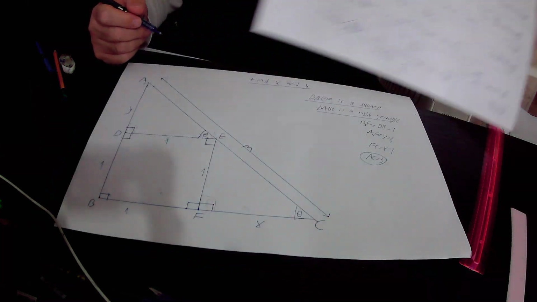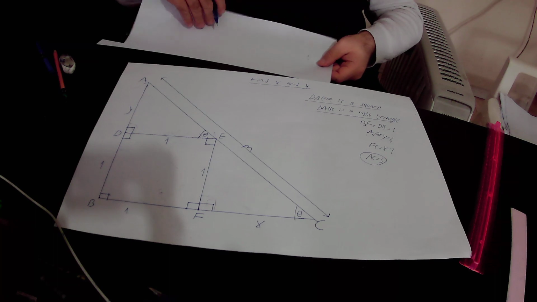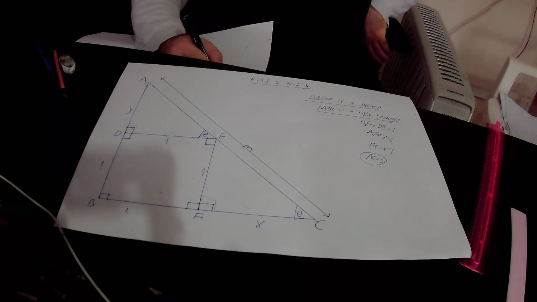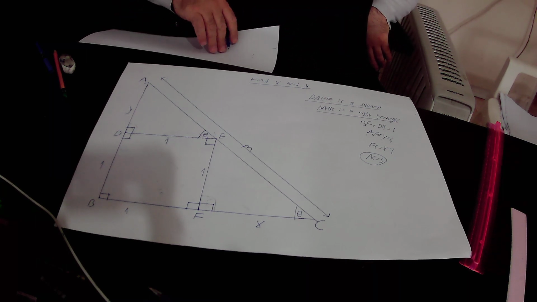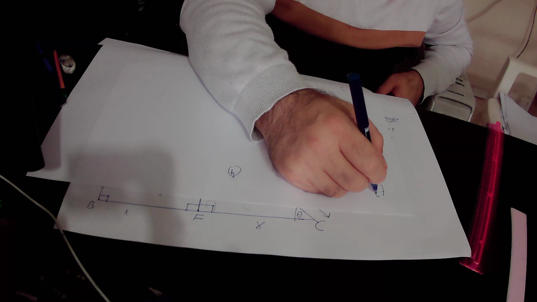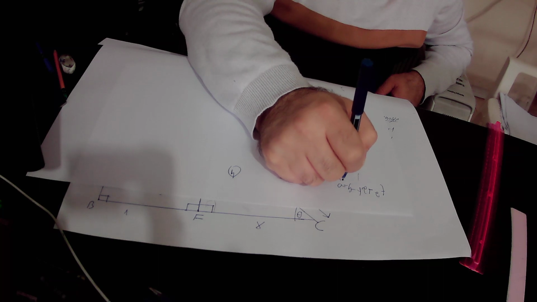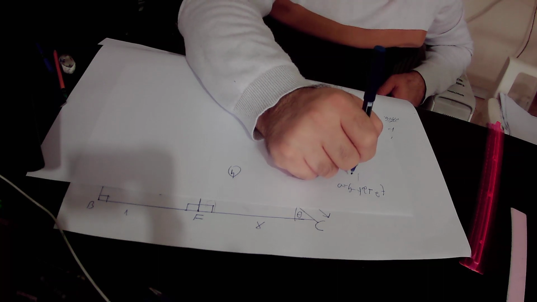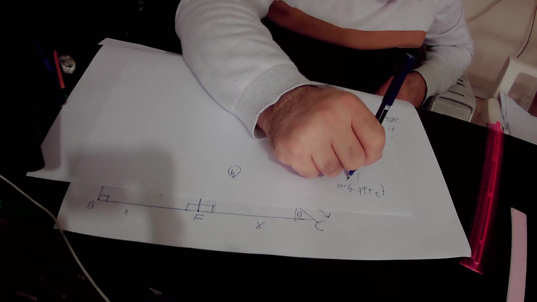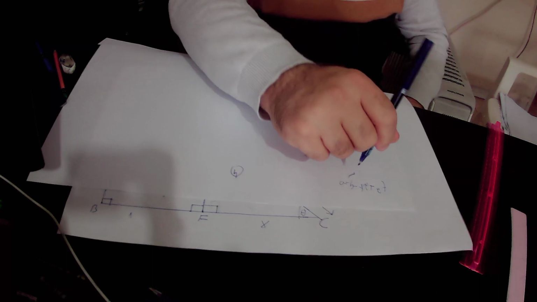Now a specific quadratic equation. We know that t squared plus 2t minus 9 equals 0.